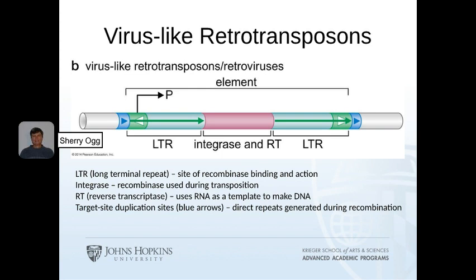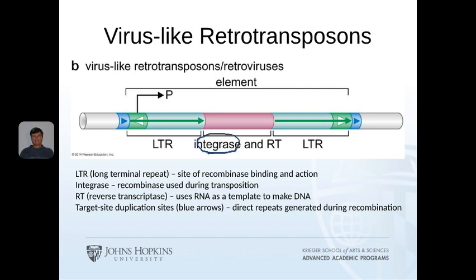This figure illustrates the genomic organization of the virus-like retrotransposon and retrovirus. The LTRs, which you can see here, are direct repeats and are the site of recombinase binding and action. These LTRs incorporate the terminal inverted repeats that we saw in the DNA transposon element and can be 100 to 5,000 base pairs in length.